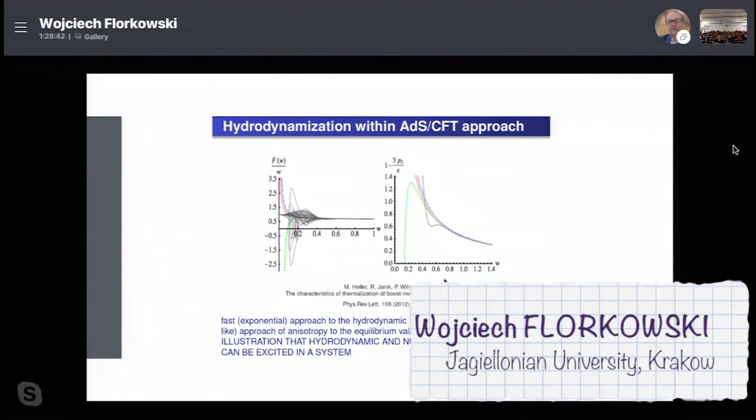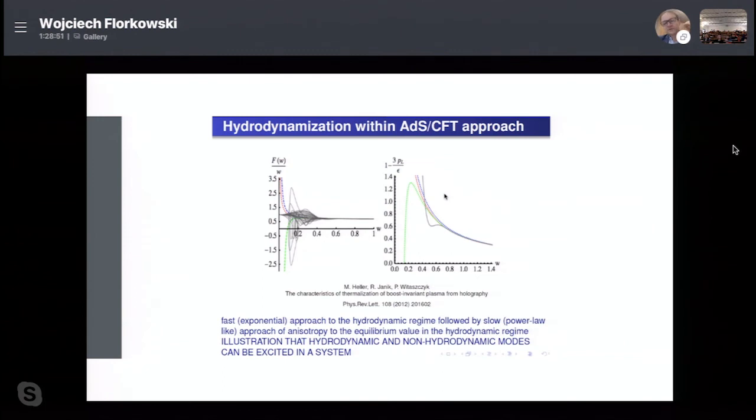Spalinsky and Heller found some attractors in such systems, and the idea pushed forward was that these are very complicated dynamic systems which have attractors. There are some fixed points, and the system is attracted to the attractor solution, and the attractor solution eventually brings the system into this hydrodynamic behavior.